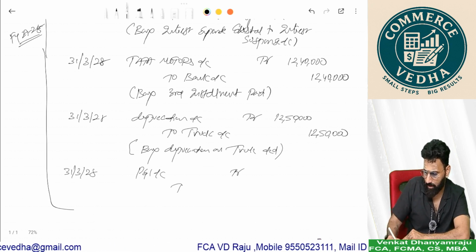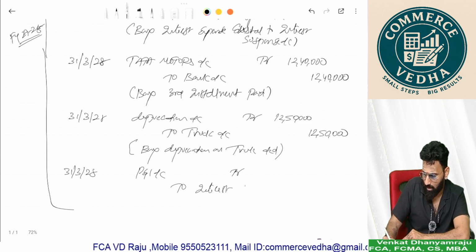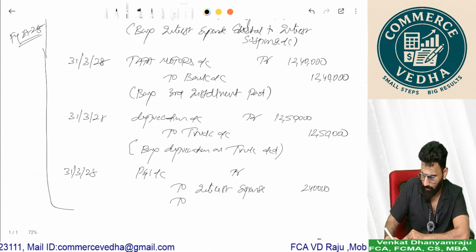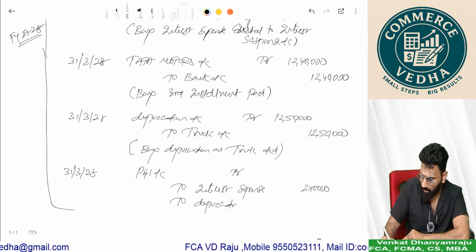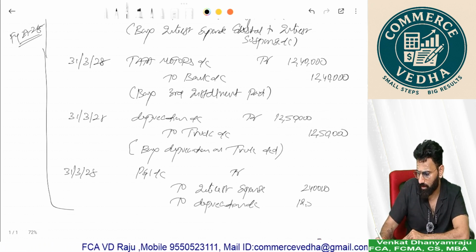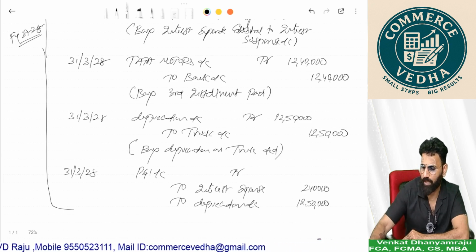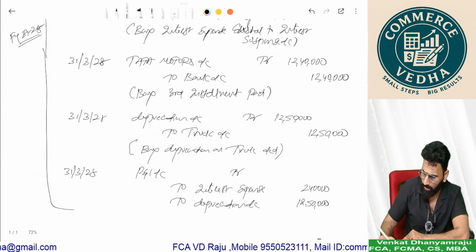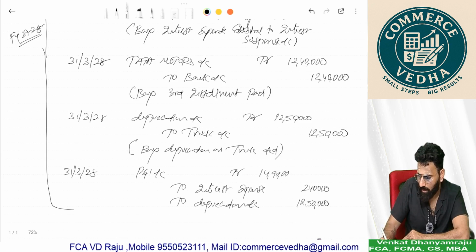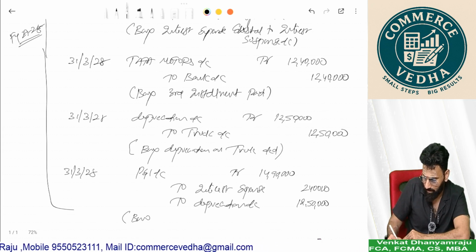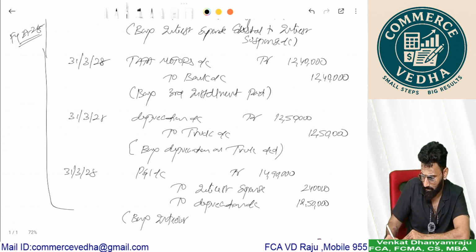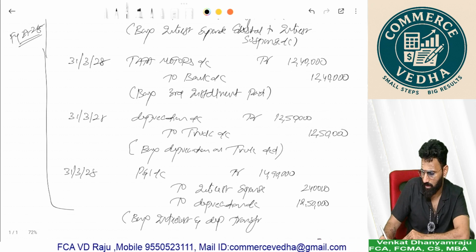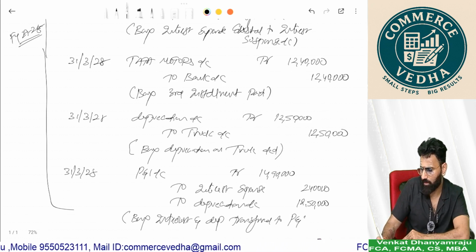P&L account debit to interest expense 240, depreciation account 1250, 14 lakhs 90,000 being interest and depreciation transferred to P&L.